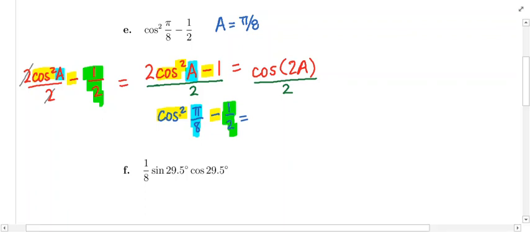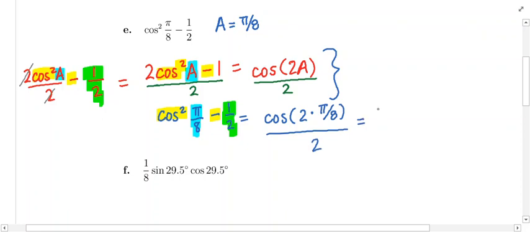Now we can write down what our given expression is equal to. The cosine squared of pi over 8 minus 1/2 follows the right hand side of the equation over here. This is the cosine of 2 times a, which is pi over 4, divided by 2. If you're dividing by 2, you can multiply by 1/2.